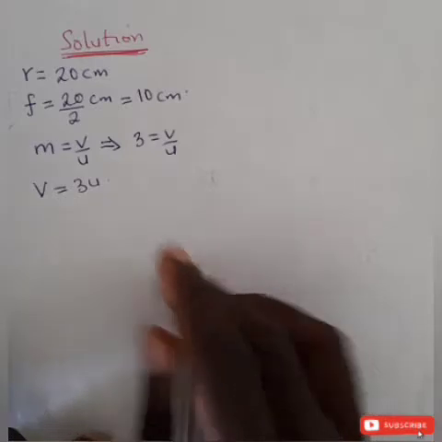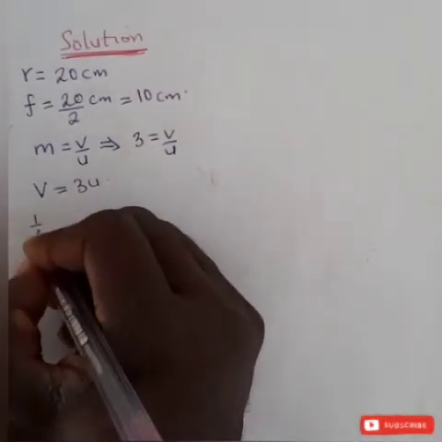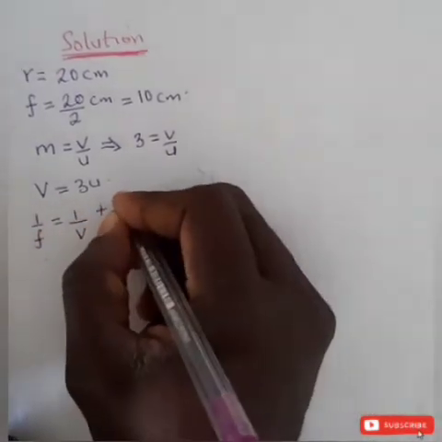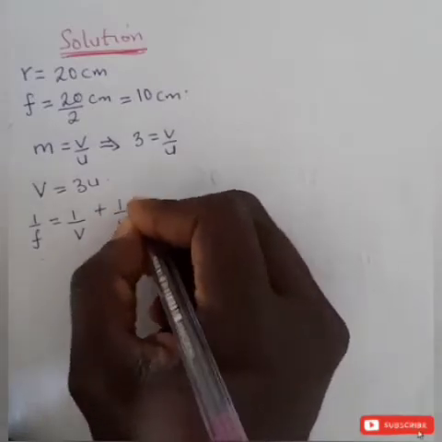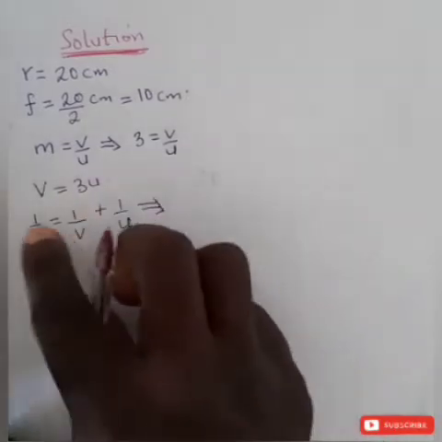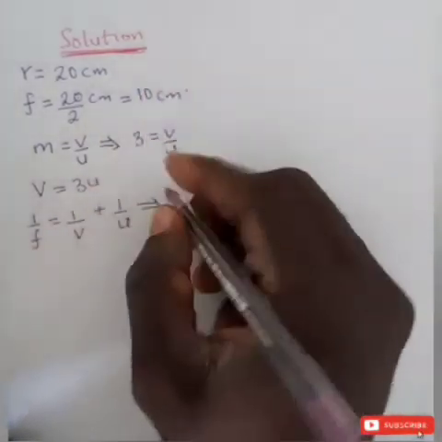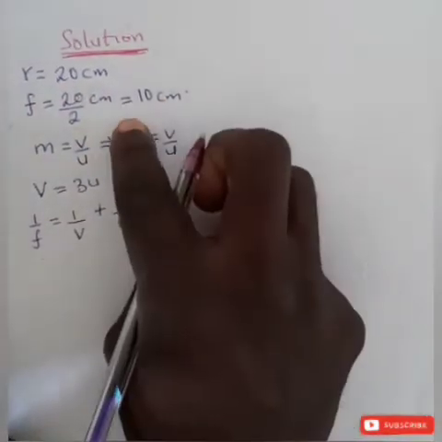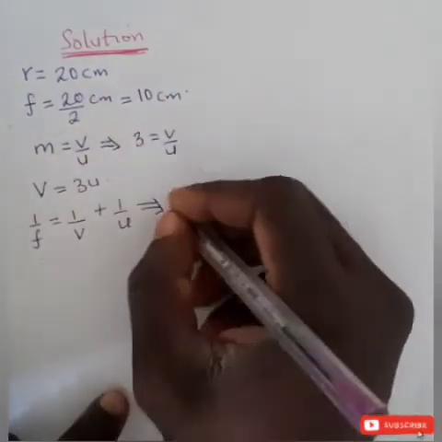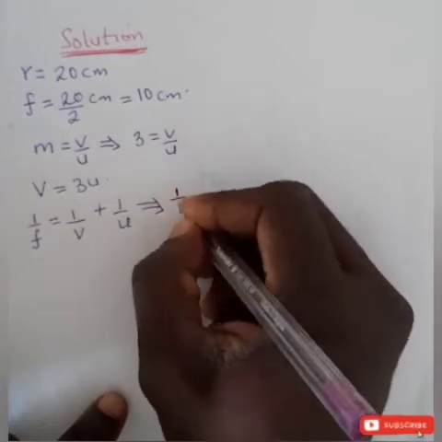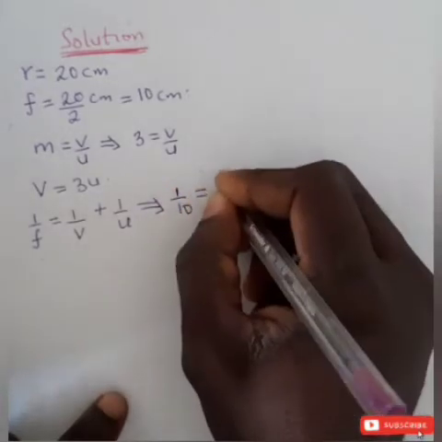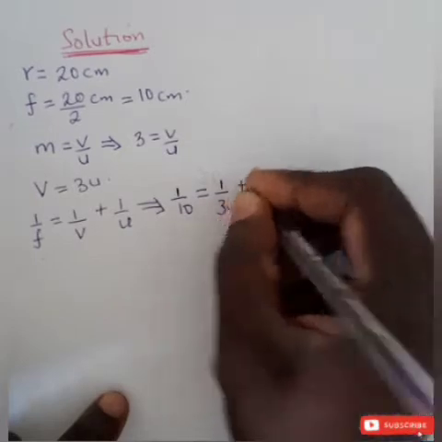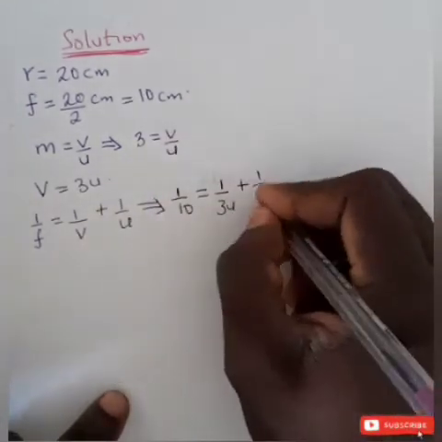So by using the mirror formula, 1 over F equals 1 over V plus 1 over U, I'm going to have this. F is 10, is positive because it is a concave mirror. And I'm using real is positive convention. So I have 1 over 10 is equal to 1 over V, is 3U, plus 1 over U.